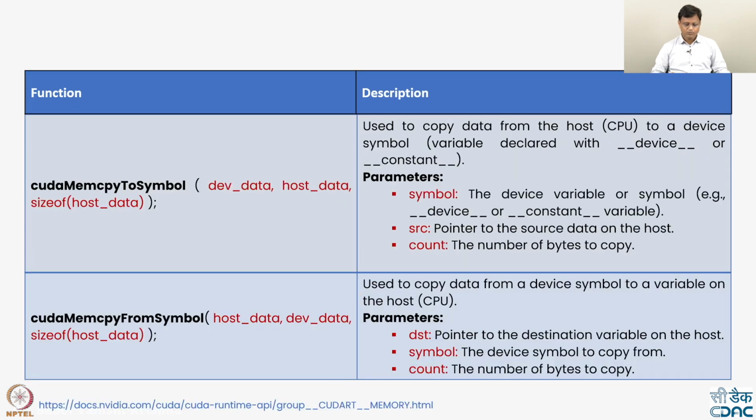Now, cudaMemcpyToSymbol. This function is used to copy data from the host to a device symbol. Whenever the word device symbol comes, you can think of it as any variable declared with the device qualifier or the constant qualifier.